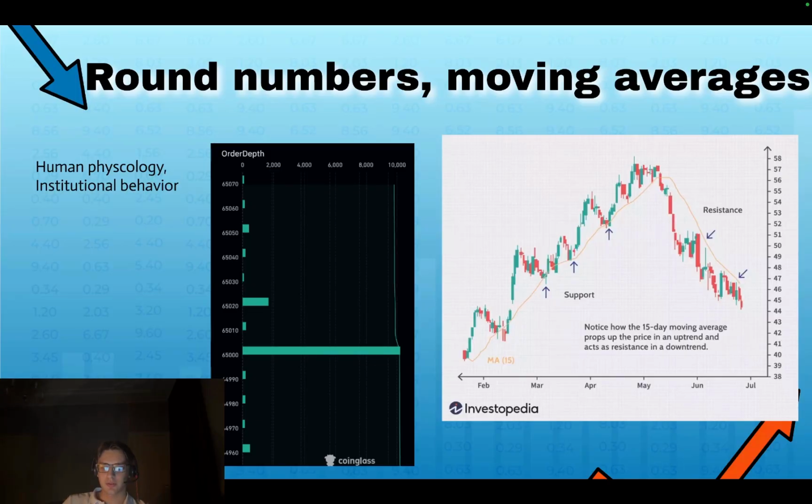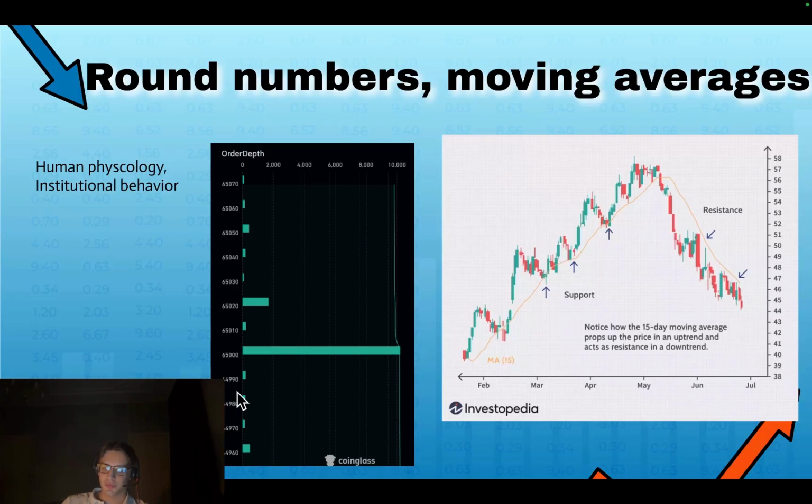Then also a way to identify support and resistance is round numbers. It's mostly about human psychology. We tend to put our orders on round numbers. So, for example, I went to the order book for Bitcoin, and I found out that for the price of 65,000, there are roughly 10,000 orders to buy.